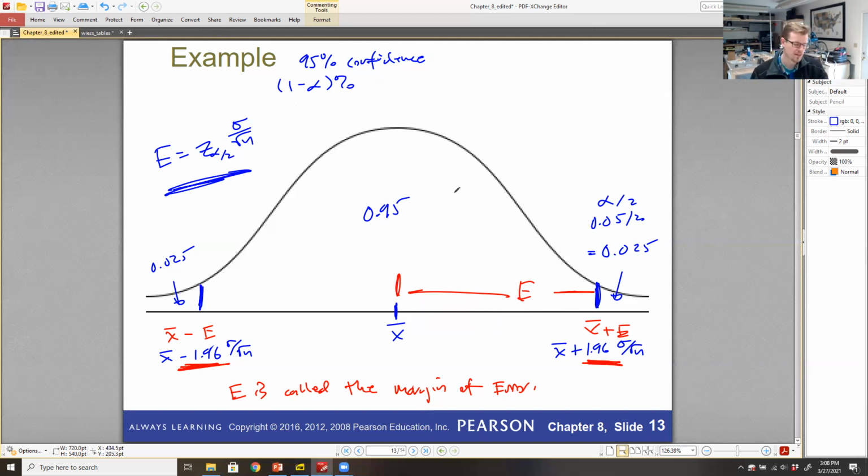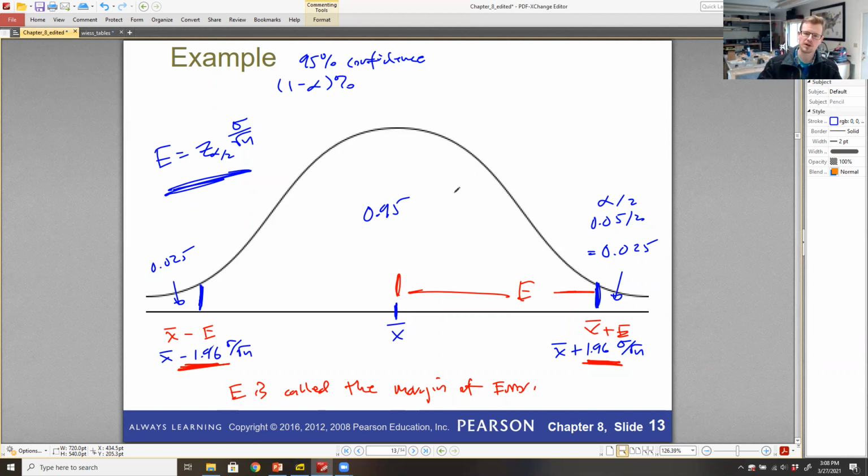But our statement from the previous section that 95% of the sample means lie within 2 standard deviations of the population mean.